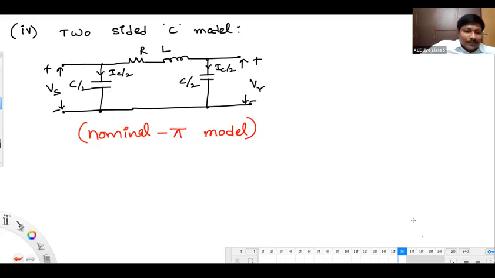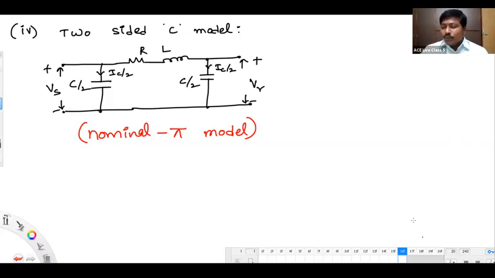I'll tell you like this. We have taken the exact model first and done the analysis, and we got some result. And we have taken these four lumped models, and for each and every one we have done the analysis and got some results. Whichever lumped model result matches the distributed model result, that model we should use for analysis.